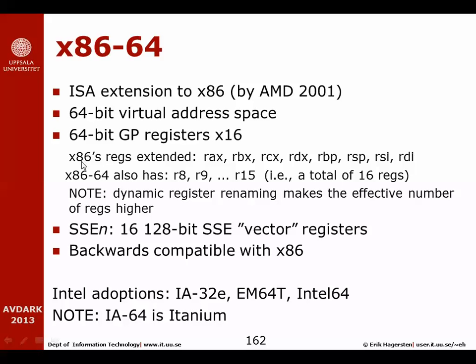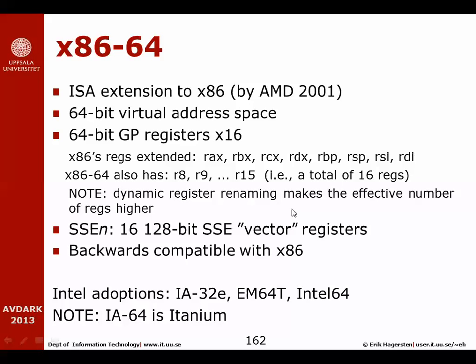Since we were re-engineering the instruction set a bit, we also added new registers. You were still backwards compatible because the old registers still existed, but you introduced new registers R8 through R15. This gives us 16 general purpose registers, which was much better, much closer to what you have seen in RISC processors.